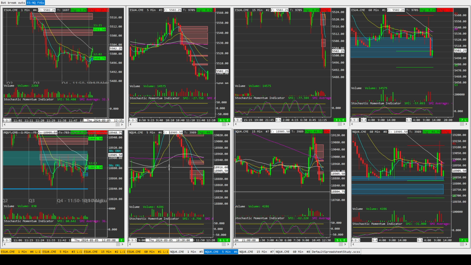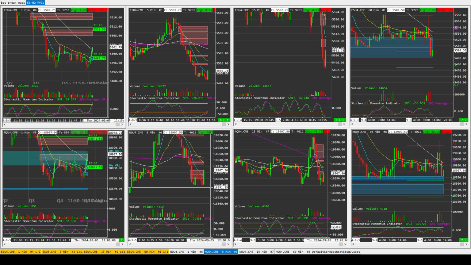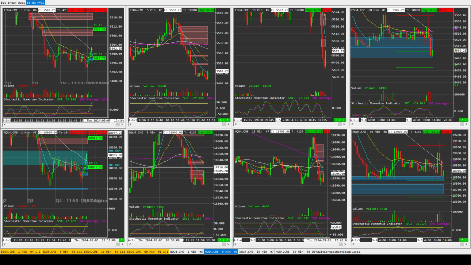I'm gonna take a short here at 16. Let's see how that plays out. So 16, I'm gonna put my stop inside this area of previous consolidation. I can use this candle, I can use the top of this candle.